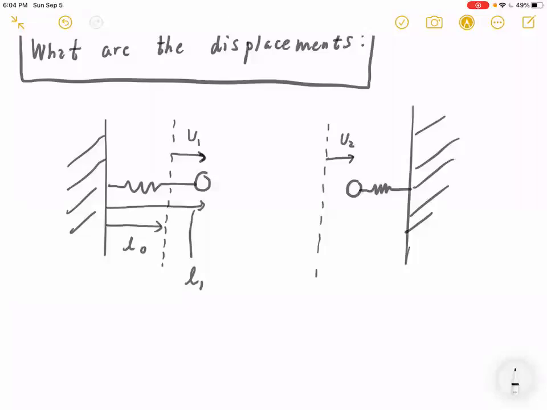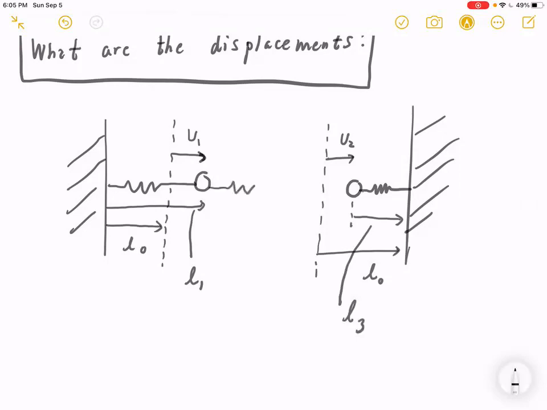It originally has a distance of L naught from the second wall. So this distance I'm going to call L sub 3.